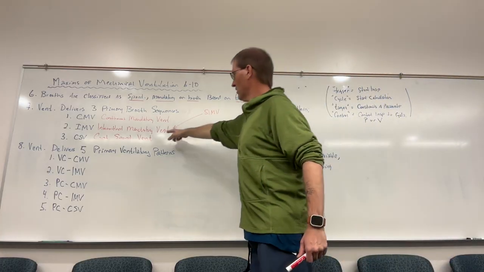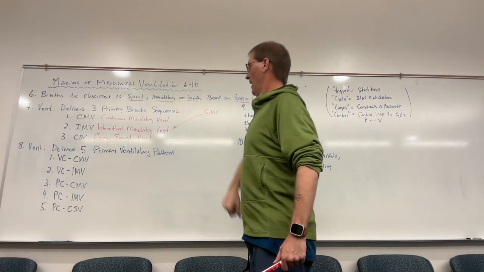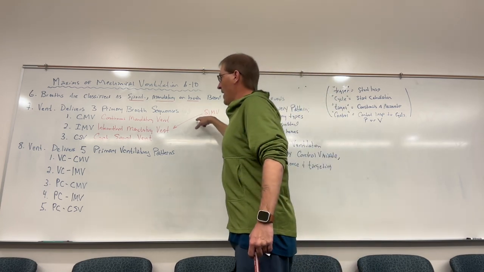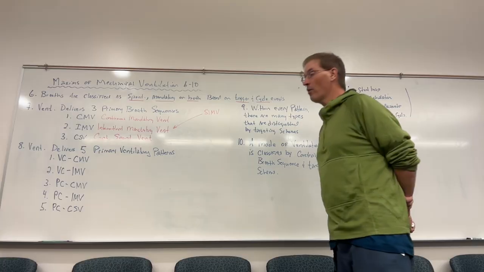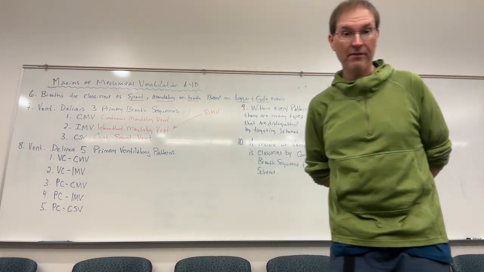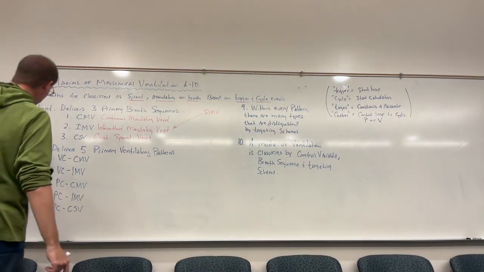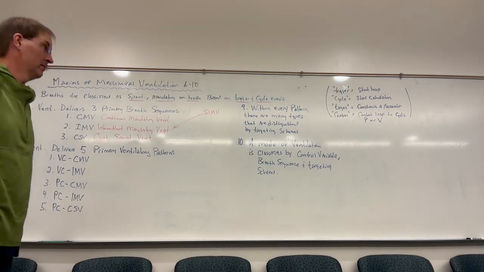And so spontaneous would be CSV, mandatory CMV, and a combination thereof IMV. That's the breath sequence. And then there are 5 different ventilatory patterns that use the breath sequences. All right, so these patterns are going to be based on the control variable.